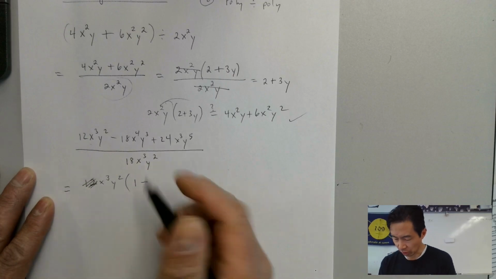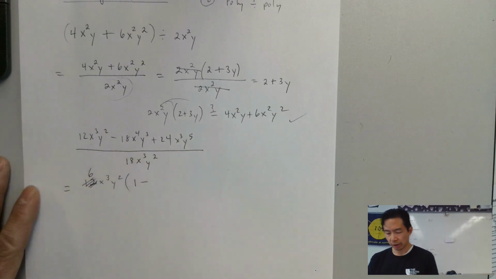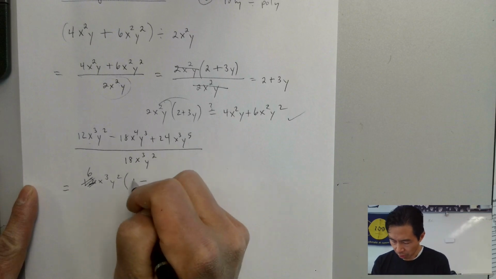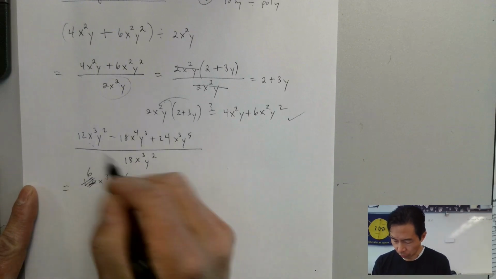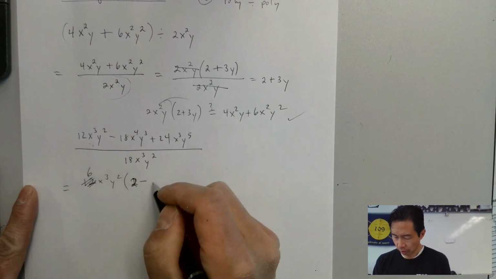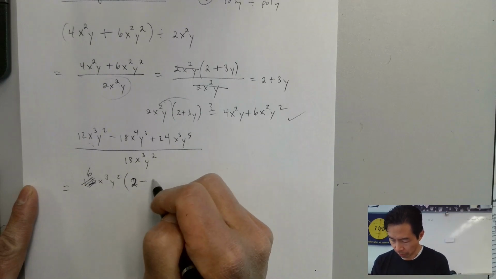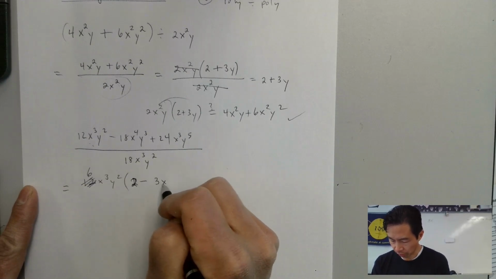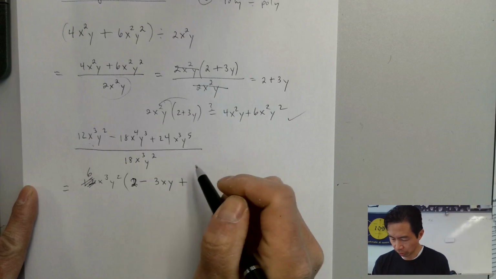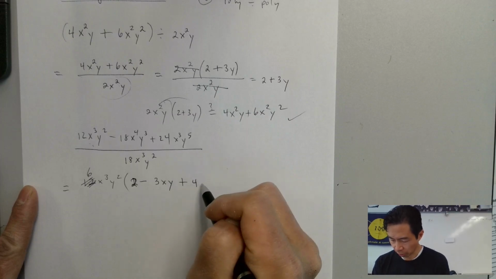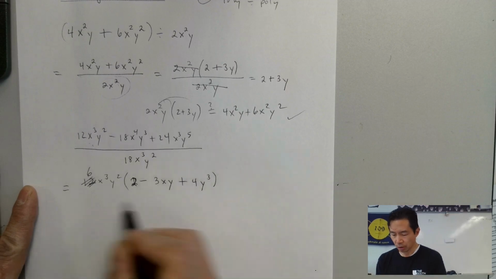The GCF is 6, yeah, 6x cubed y squared. So the leftover in the first term is 2. Second term minus 3xy plus 4y to the third.